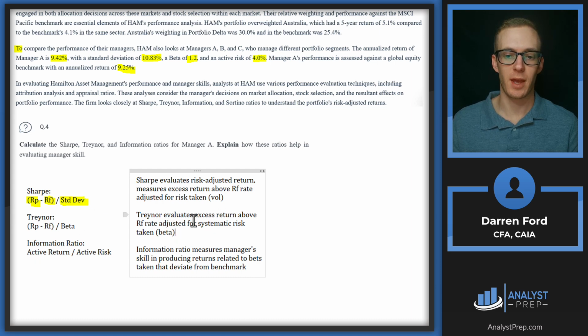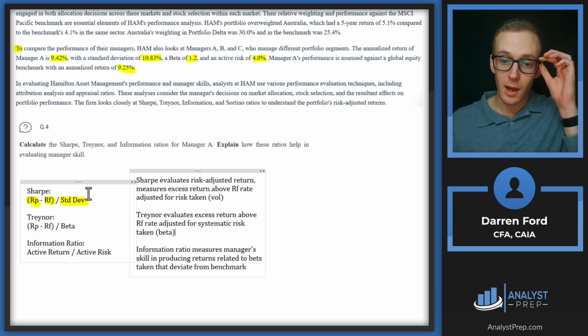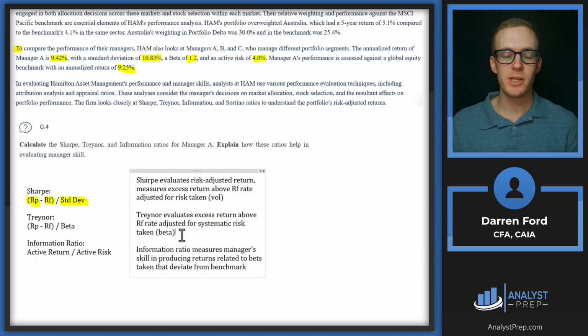Sharpe gives us a sense of how much risk we're taking and how much return we're getting for that. Treynor tells us how much risk we're taking relative to the market, whereas Sharpe is just our portfolio relative to the risk-free rate.